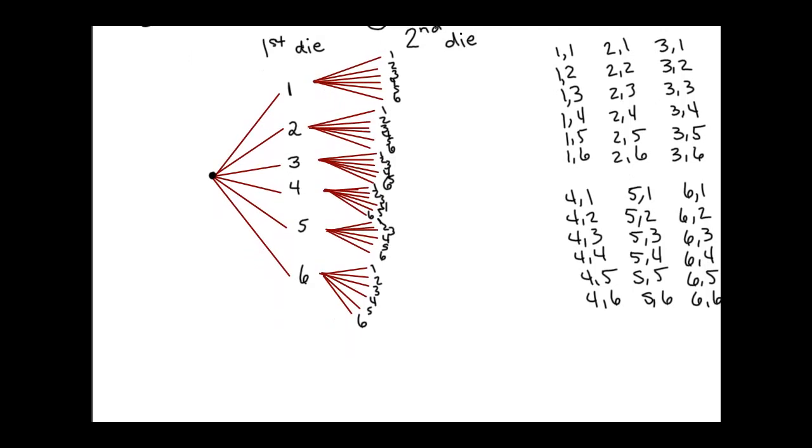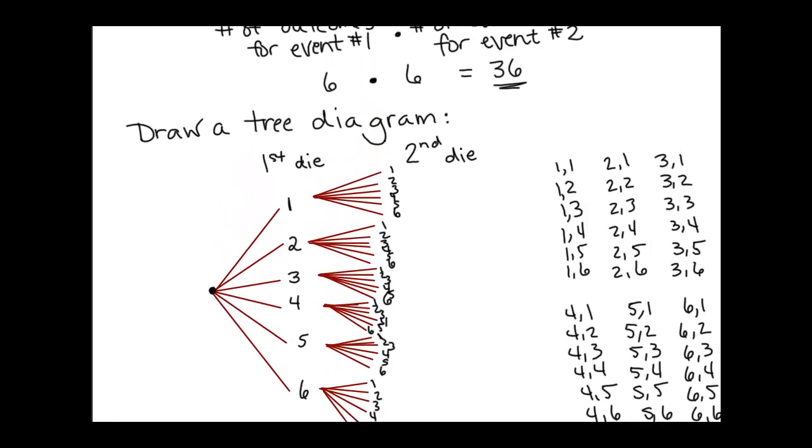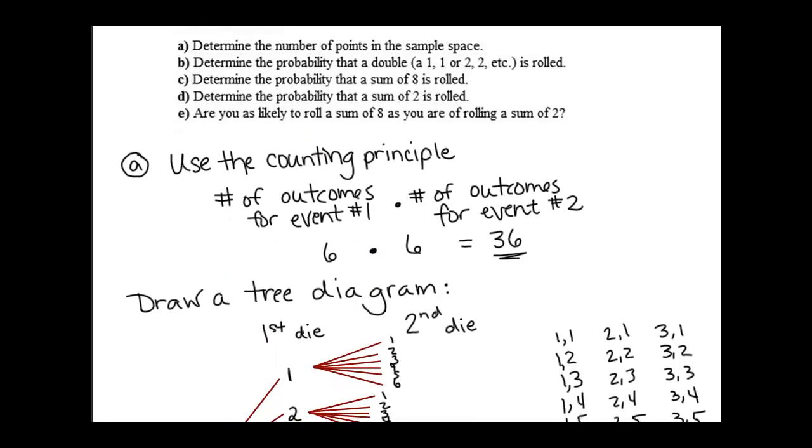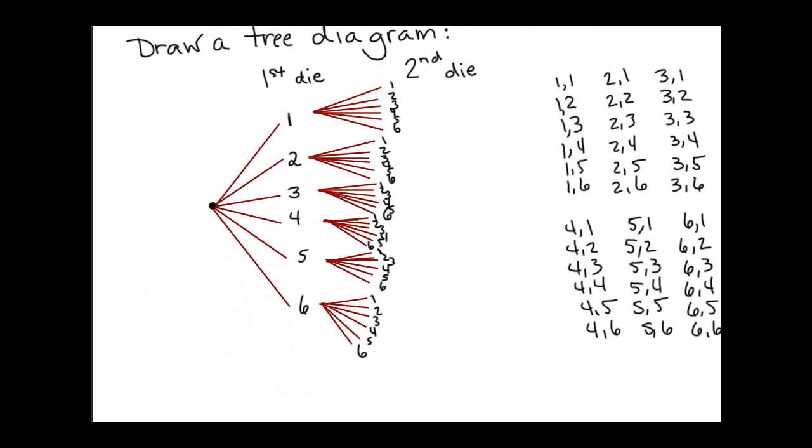So now let's use this tree diagram and answer the rest of our parts to this question. So part B said, determine the probability that a double is rolled. So as we look through, this will be our part B, the probability of a double being rolled, that would be here, here, 3, 3, 4, 4, 5, 5, and 6, 6.